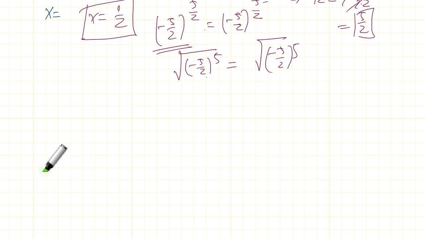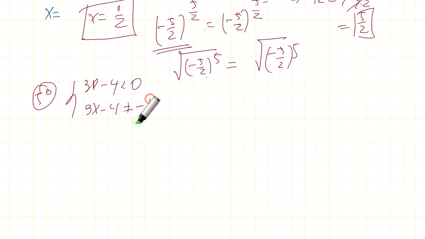So guys, as well, the fifth case here, which is 3x minus 4 less than 0 and 3x minus 4 different from negative 1, solving them, if this is true, we're going to do the same thing, equate the powers of our original equation, and here we're going to have x equals 2 and x equals a half.